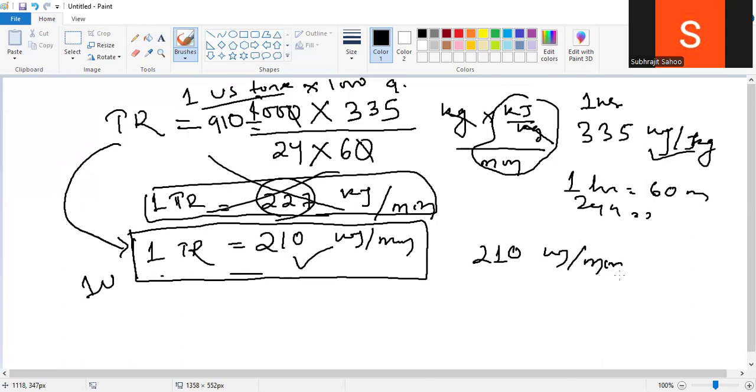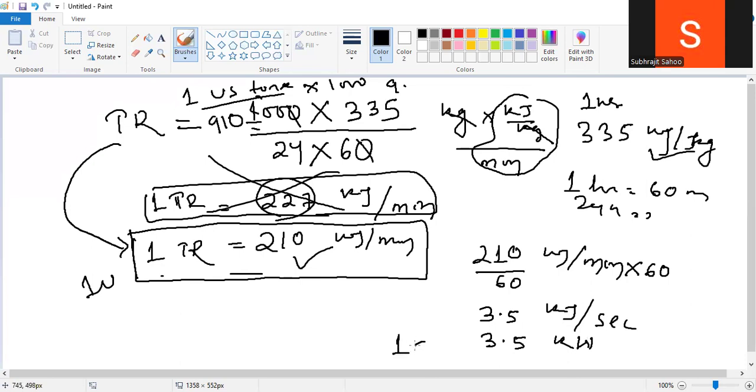Again, if I simplify this one, 210 kilojoule per minute, divided by 60, it becomes 3.5 kilojoule per second, which is nothing but 3.5 kilowatt. So 1 TR value is 3.5 kilowatt.